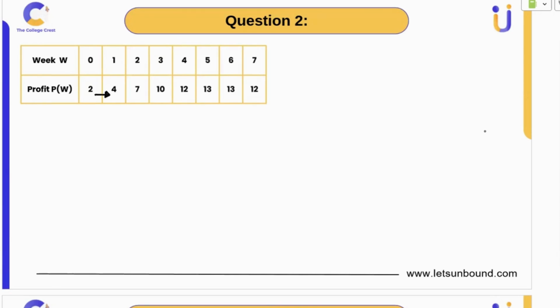Here, 2 is the increase. Here, 3 profit increase. Here, 3. Here, 2. It's not a constant. 2, 3, 3, 2. Either it should be all 2 or all 3, all equal. So here we got 1, here we got 0, here we got -1. So this is not linear.